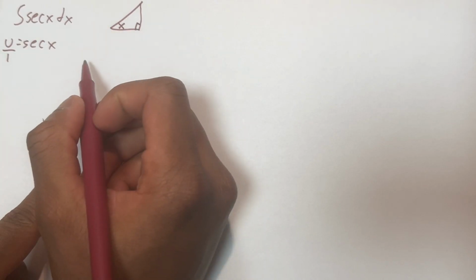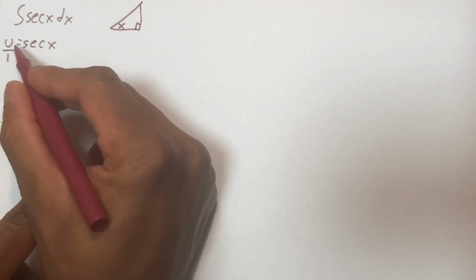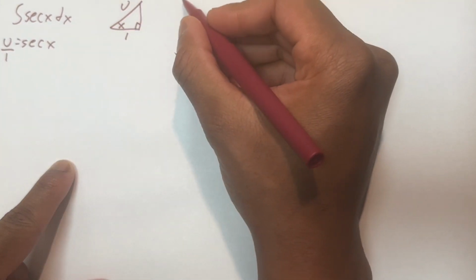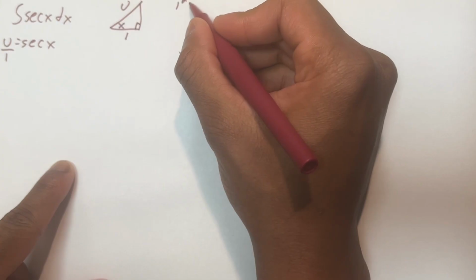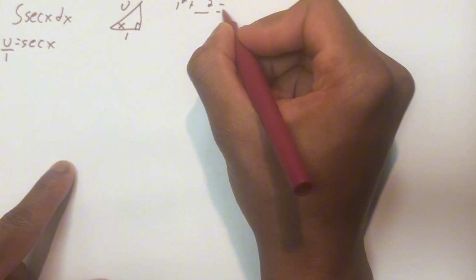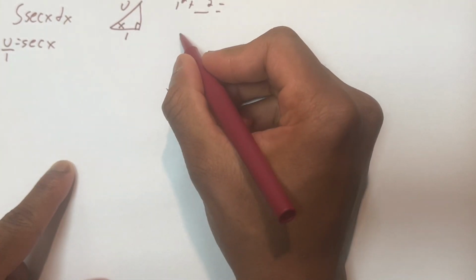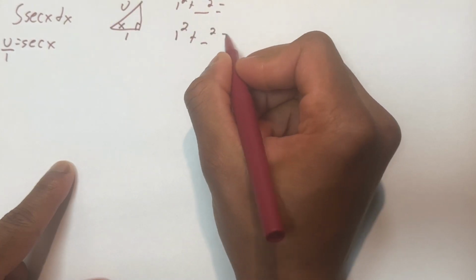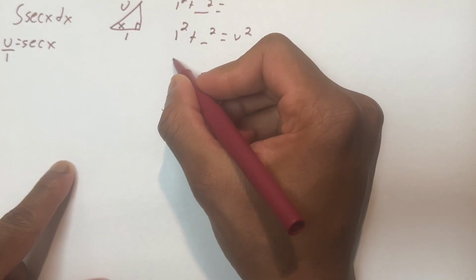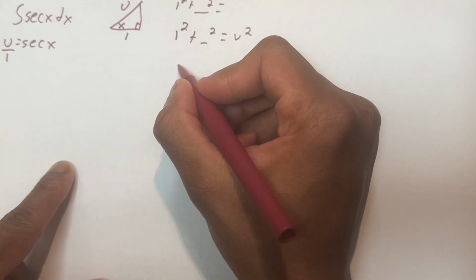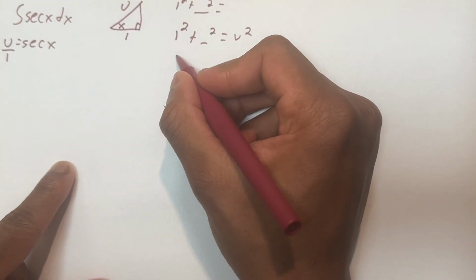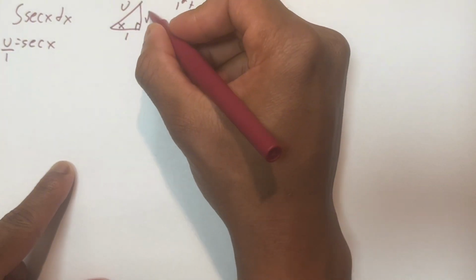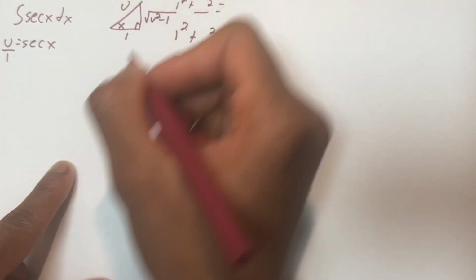It's hypotenuse over adjacent. So hypotenuse is u, adjacent is 1, and what's this side? Well, 1 squared plus whatever that side is squared equals u squared. So this side must be the square root of u squared minus 1.